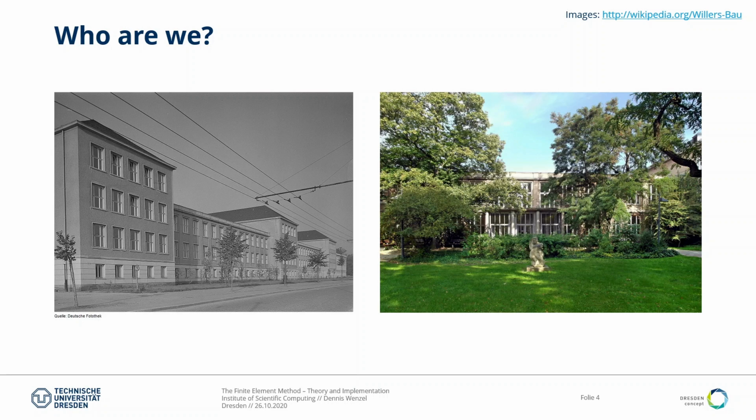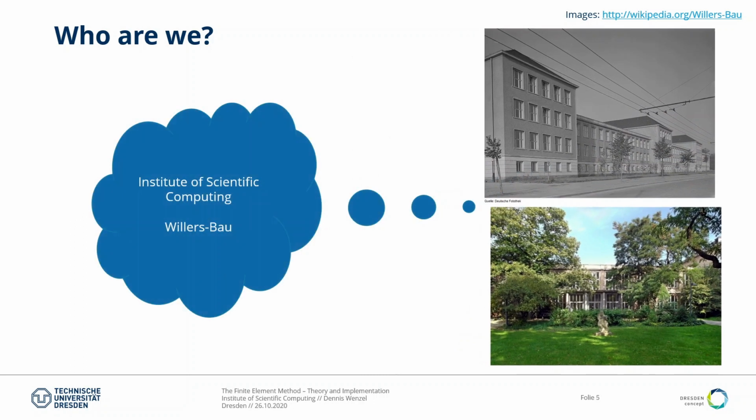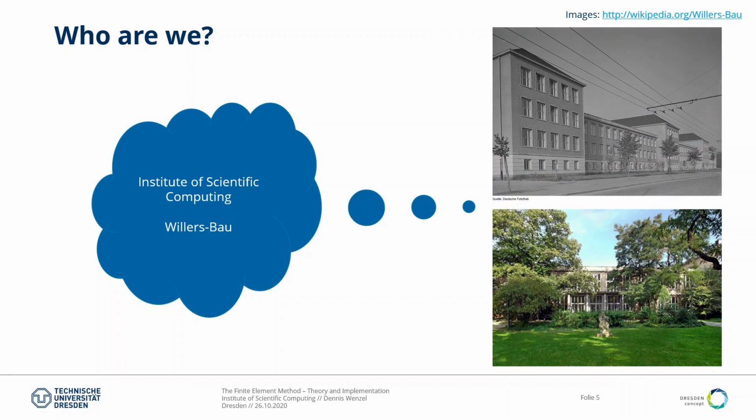And if you look from right in front of the building, you see that up here on the right-hand side, there is our institute. So, as you can see here, the Institute of Scientific Computing, so that's what we are doing, computing stuff for science.